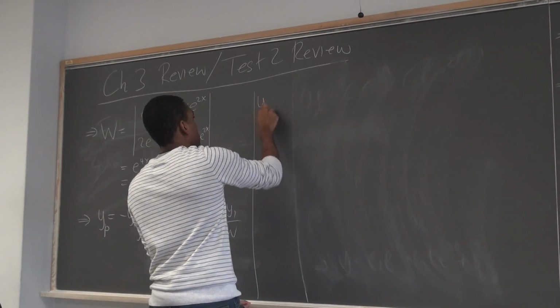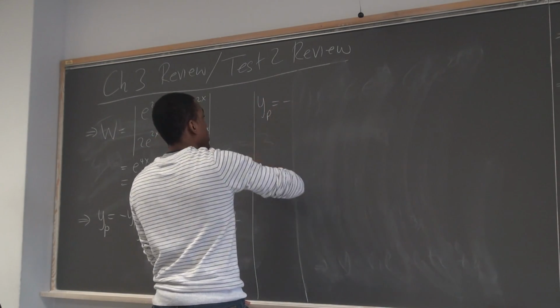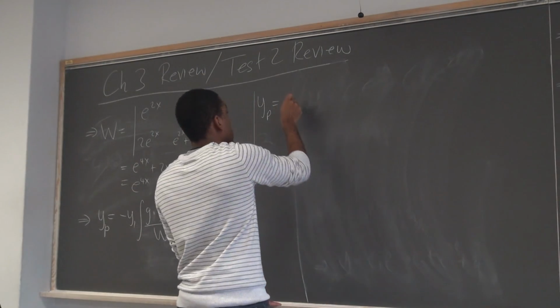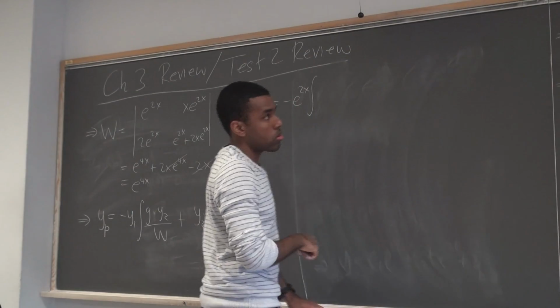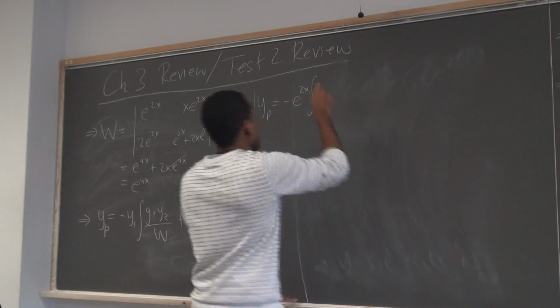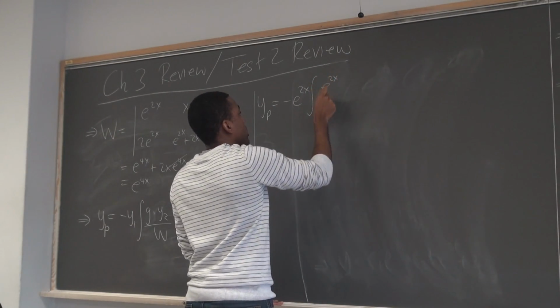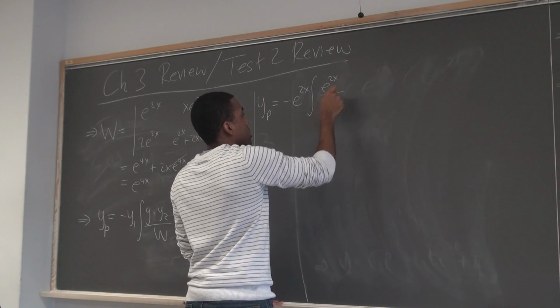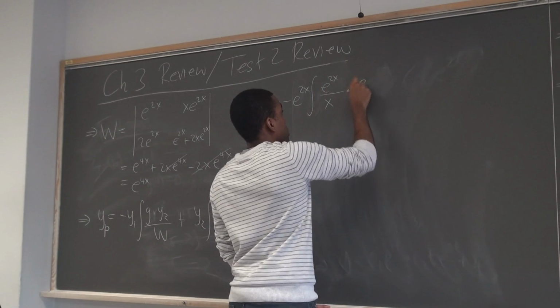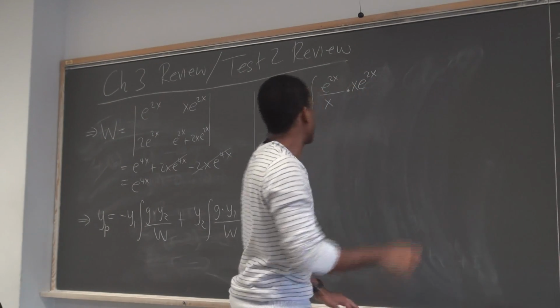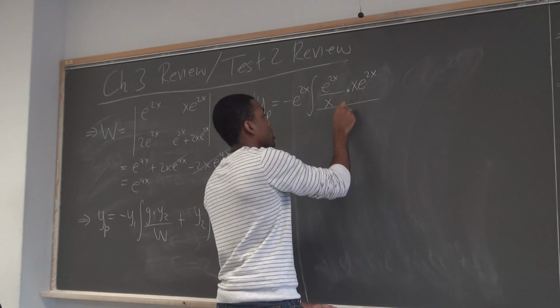So yp is equal to minus y1, which is e to the 2x, times the integral of g, which is e to the 2x over x, times y2, which is x e to the 2x, all over the Wronskian, which is e to the 4x.